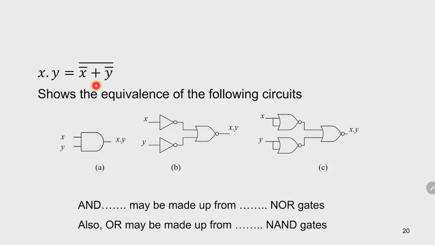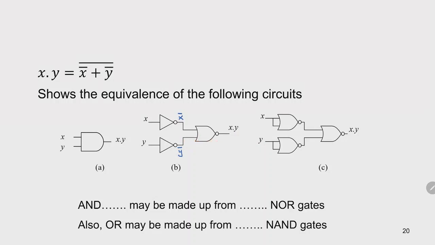Putting x into an inverter I get x bar, y into an inverter I get y bar, and x bar and y bar are the inputs to my NOR gate.